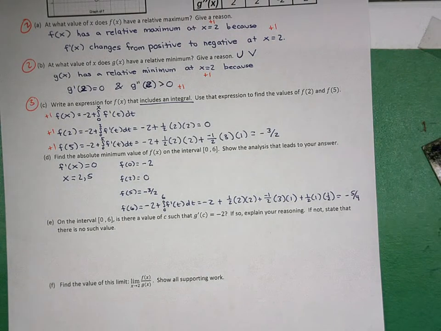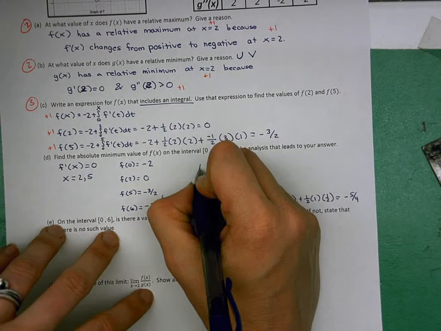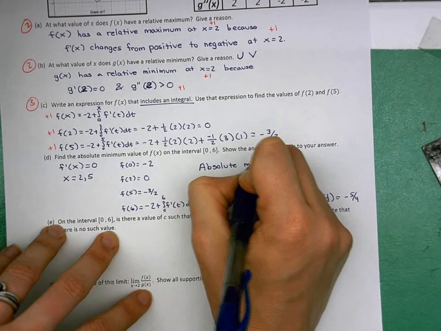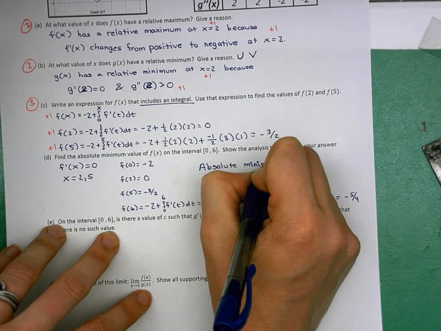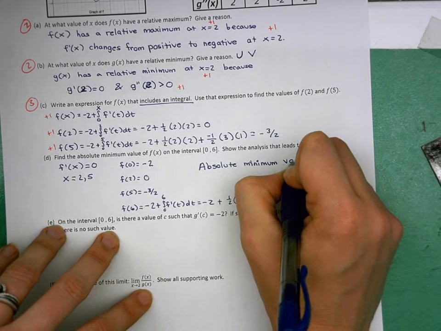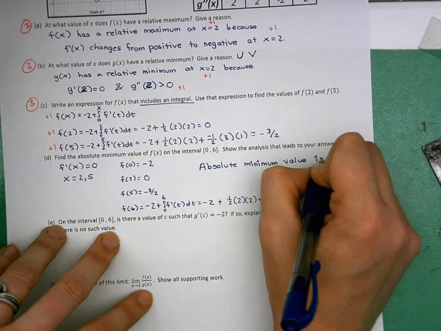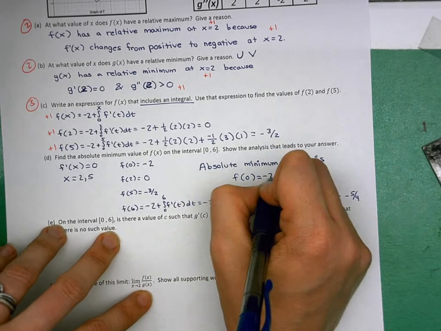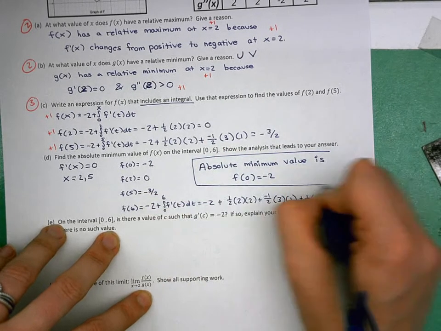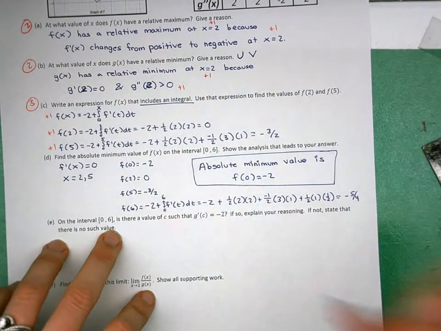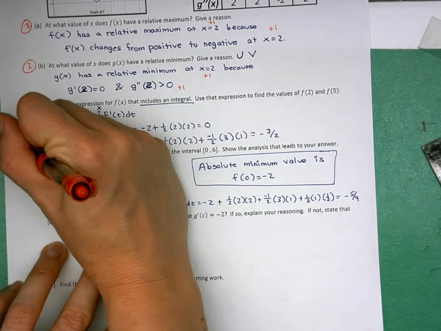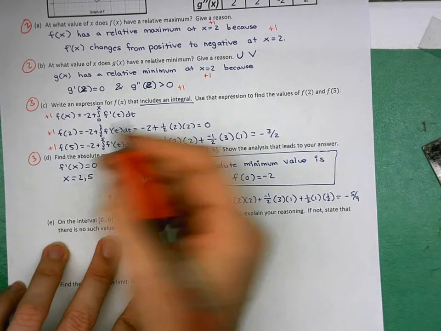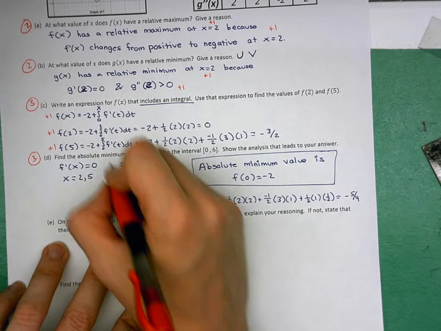Okay, so our absolute minimum value is right here, f of 0 equals -2. Okay, this one was worth 3 points. 1 for considering f of 5, 1 for considering x equals 0, and 1 for your answer.